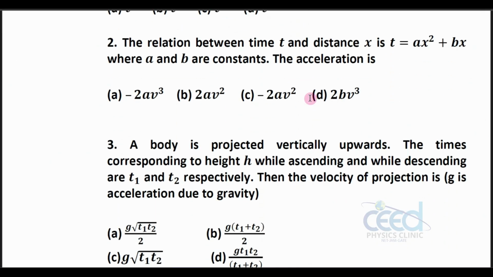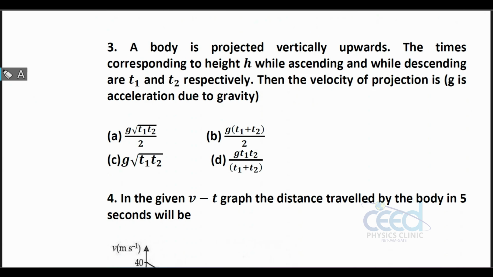The question is: a body projected vertically upward, the times corresponding to height h while ascending and while descending are t1 and t2 respectively, then the velocity of projection is? See, one body is projected vertically upward, right?